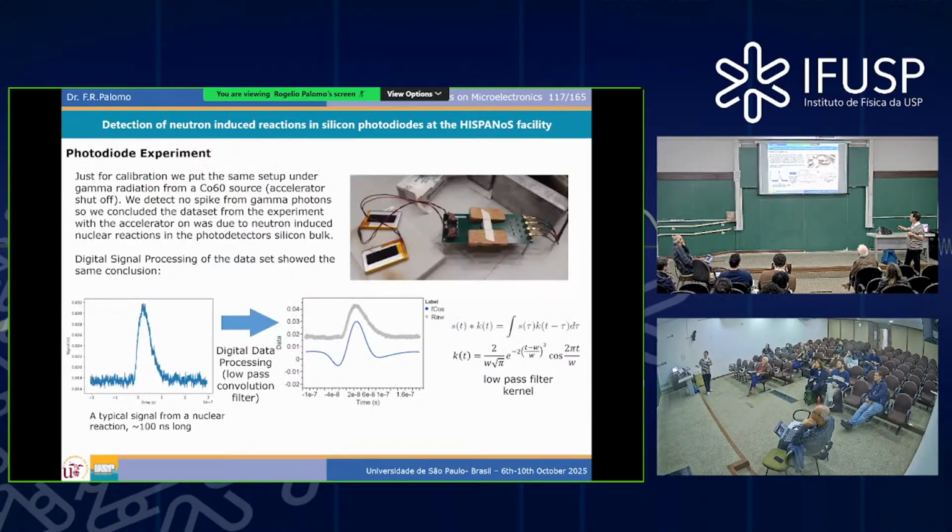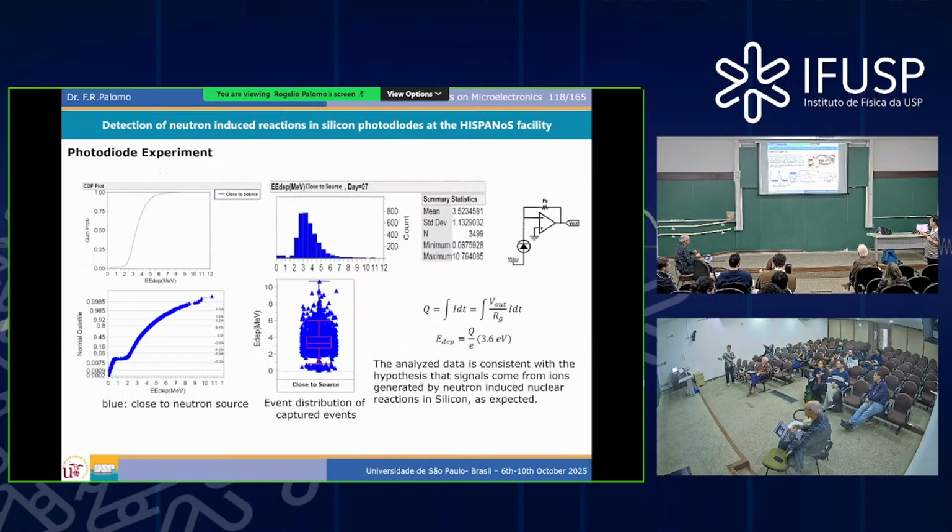From that photodiode analysis, we tested also with a gamma source, just to be sure that the signals are coming from neutron reactions, not from ionization, etc. We made digital signal processing after the data taking to clean signals, etc., with a low-pass filter kernel. And at the end, we published those photodiode experiments. We can transform the amplitude of the signal into deposited energy.